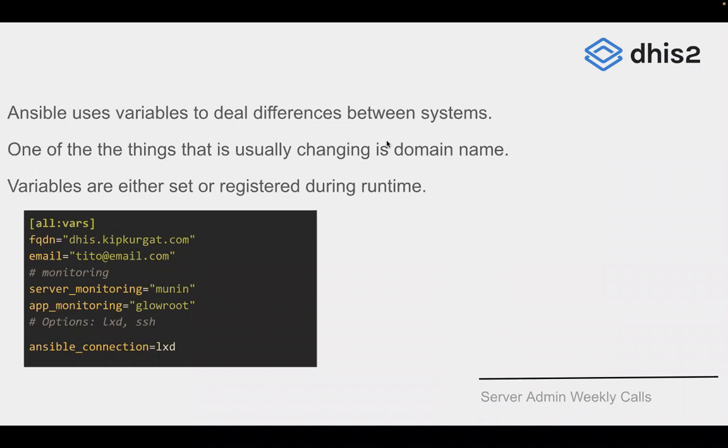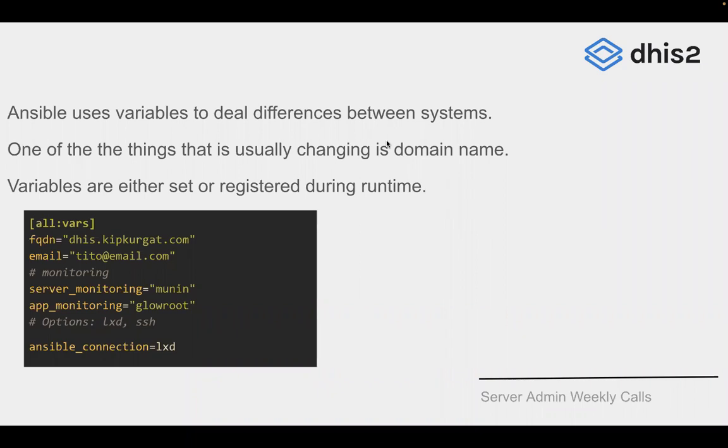Those things are not the same. If it were not for variables, it would be very difficult for us to set these values. Ansible provides a way of dealing with those differences for different deployments and systems.